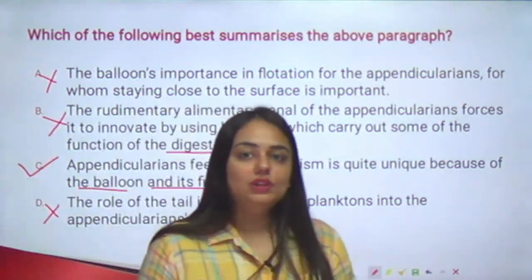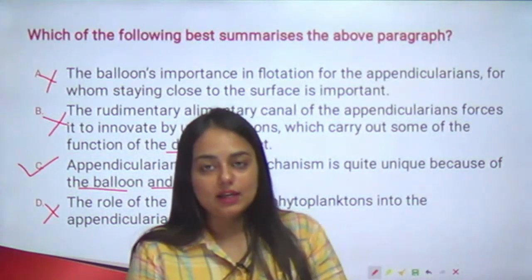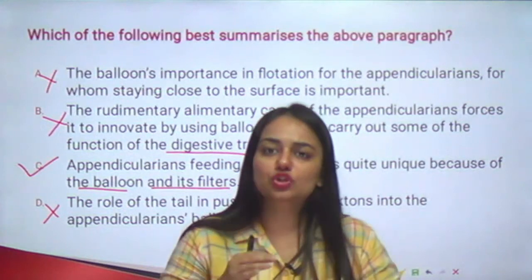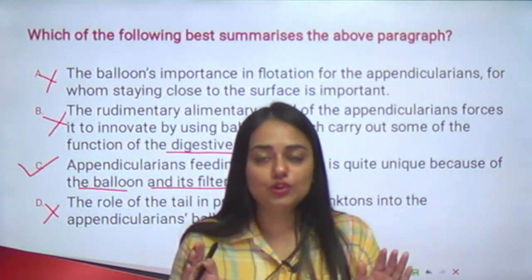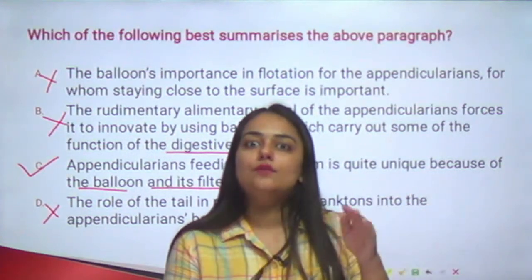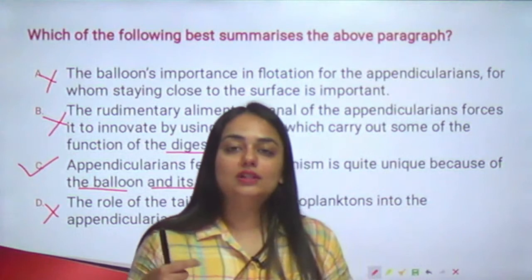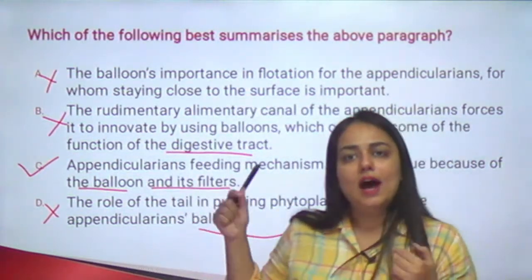Now, coming to the same point, when I said that you have to para-summarize a particular passage, always keep this in mind. If the author has given you too much information or explanation, examples and facts, don't fall for those because they are there to reinforce the main idea. But what is the main idea? The main idea is the author is amazed by this unique quality of the appendicularians, how they feed.